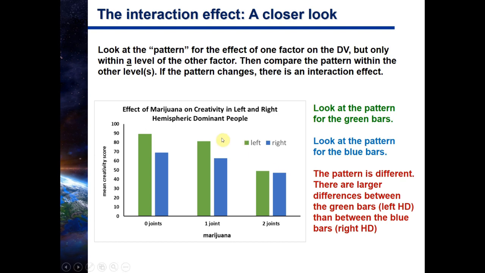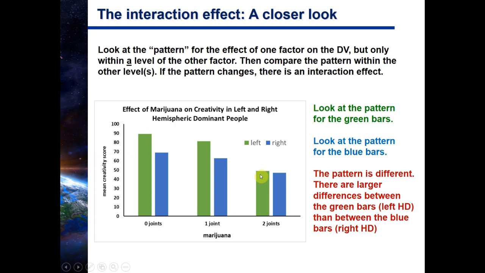Again, green to green to green: a small drop, then a huge drop. Blue to blue to blue: it starts off the same, a small drop, but from here to here it's decent, though nowhere near as large as from this green to this green.